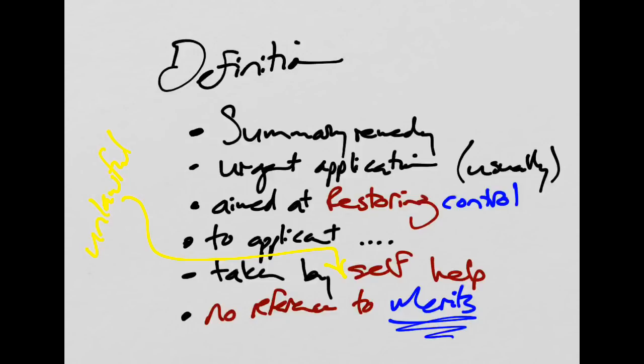And when the court looks at whether to apply this remedy or not, it does not look at all at the merits of the application. No reference to the merits.